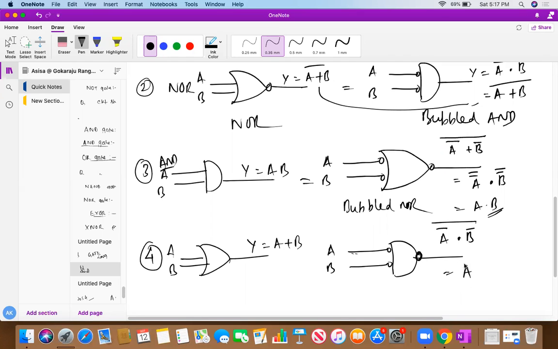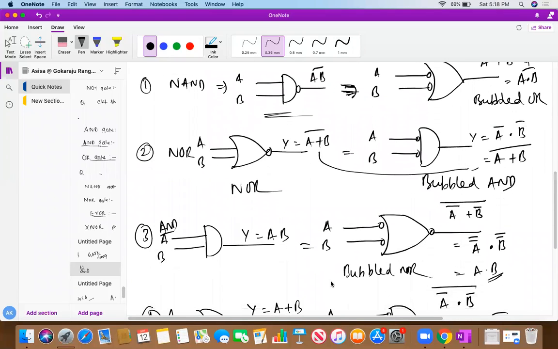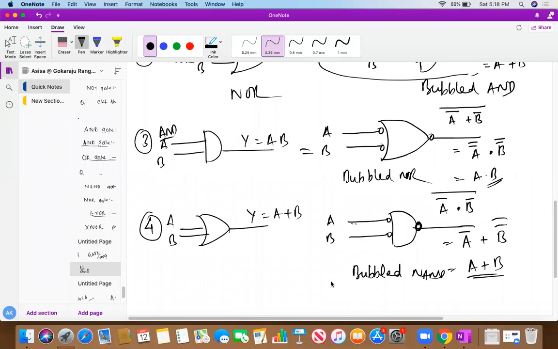If I apply De Morgan's theorem, A bar's bar OR B bar's bar, and A bar's bar is A, so this is A OR B, a bubbled NAND. So what do you understand here? Very simple. NAND gate is bubbled OR, NOR gate is bubbled AND, AND gate is bubbled NOR, and OR gate is bubbled NAND. Understand, students? For today's class, this much only. So I'm going to stop the screen.